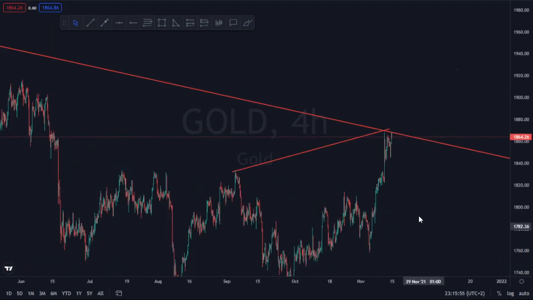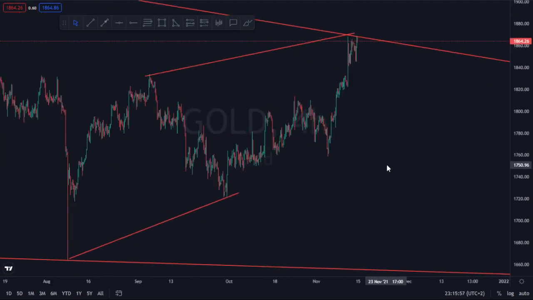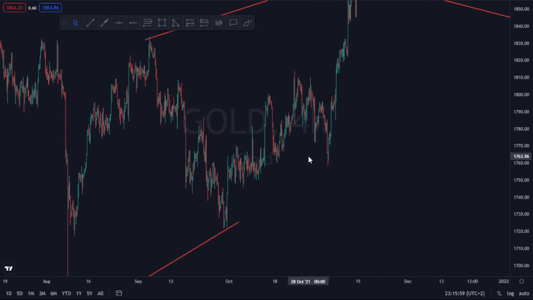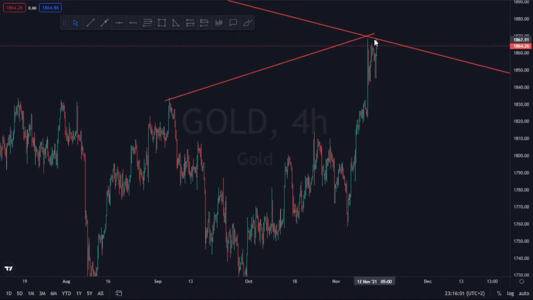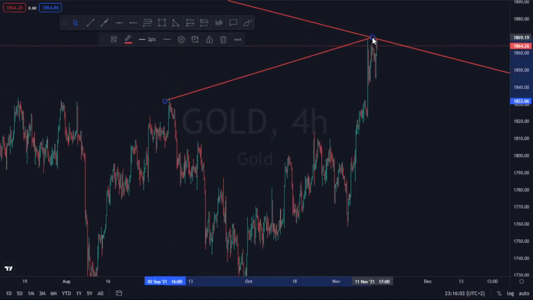Okay, just want to get rid of those lines. So yeah, I'd be looking for a sell because of this pattern here.